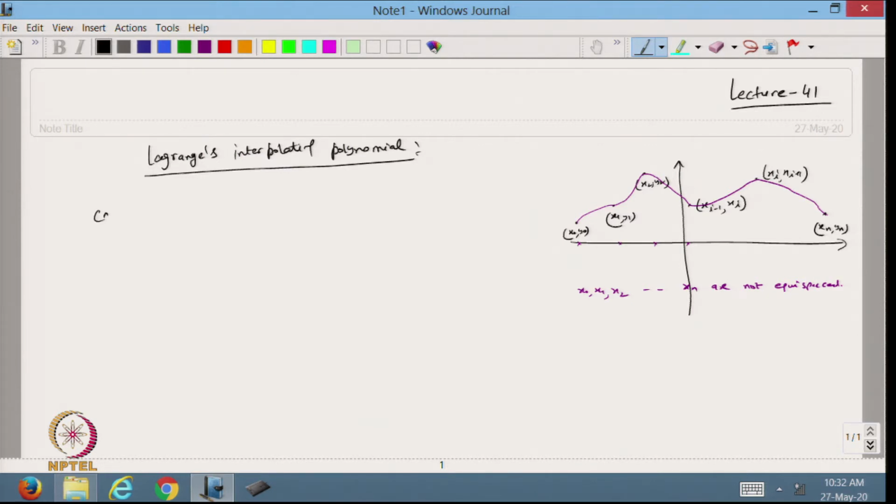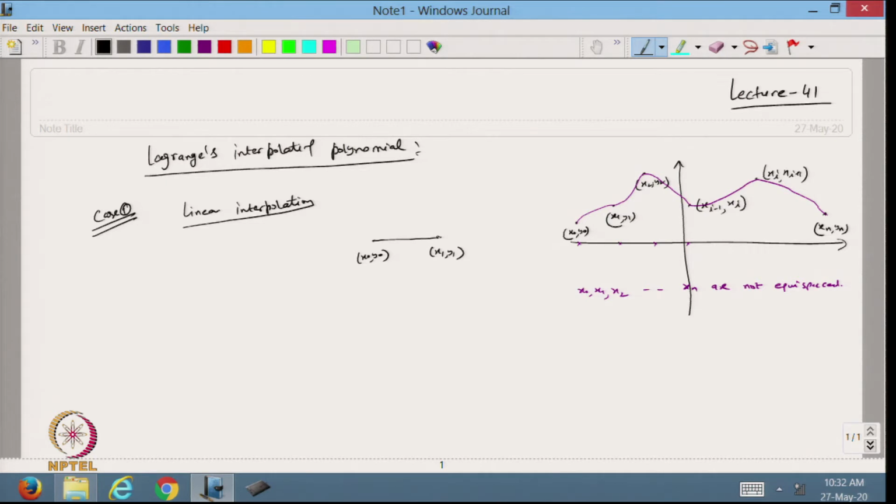I will take case 1. In case 1 I will talk first of all about linear interpolation. In this case I have only 2 points given to me: one point x0, y0, and another point x1, y1.